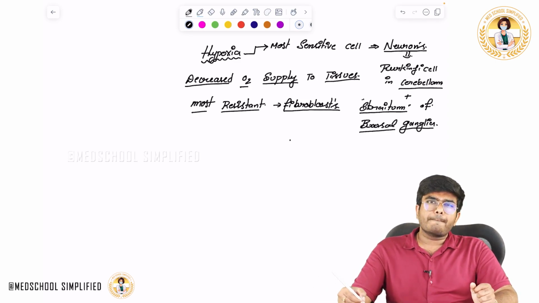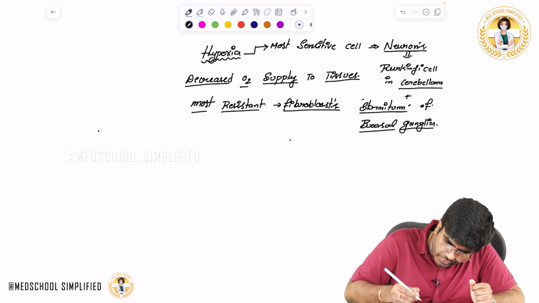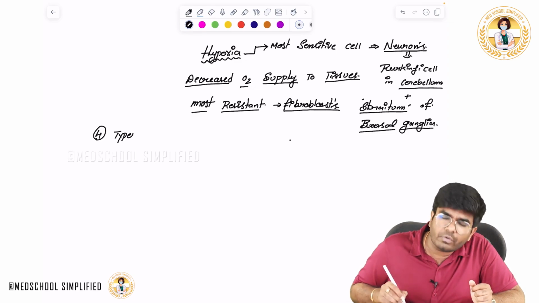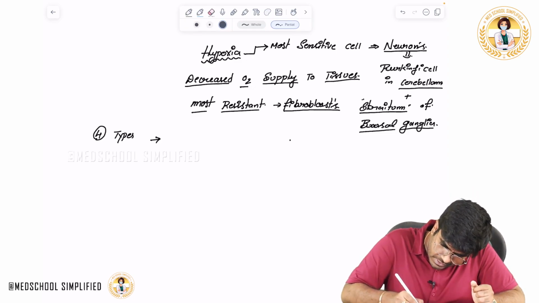Now having said that, how many types of hypoxia are there? There are 4 types of hypoxia which you need to know for your exam. What are these 4 types? One is hypoxic hypoxia.